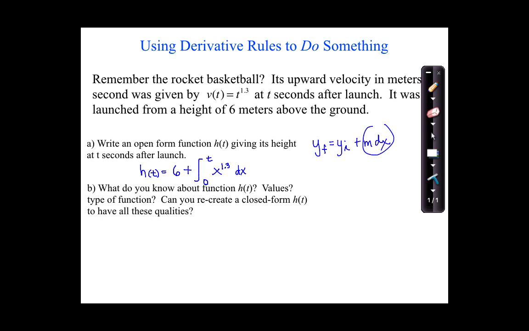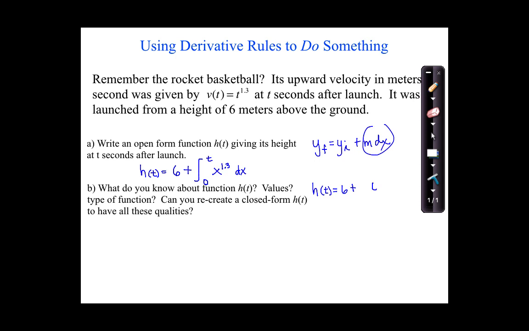But think about what you would need. I can see from this that h of t needs to be something with a 6, because that's already there. 6 is closed form. That's perfectly fine. I can add on a 6. But this represents all the accumulation from 0 to t at this rate. I don't want to see the rate. I want to see what happens because of that rate, or I want to see the before the derivative.